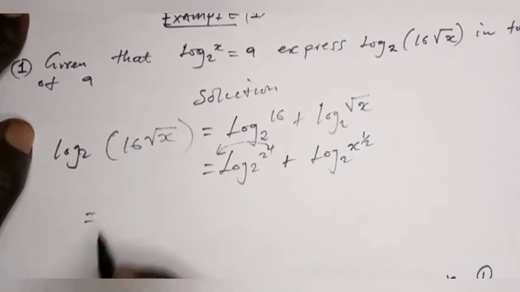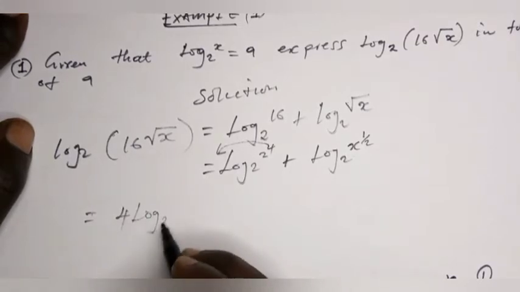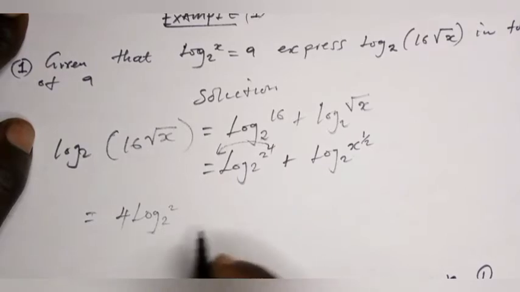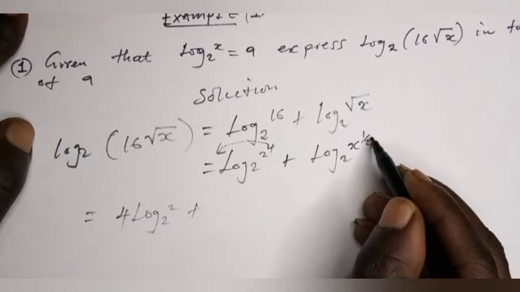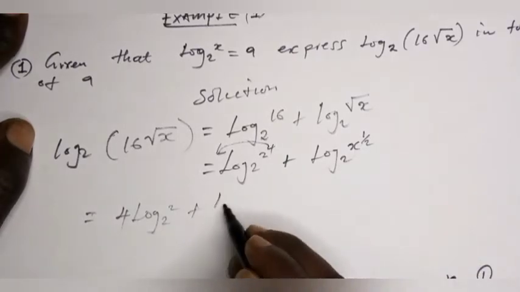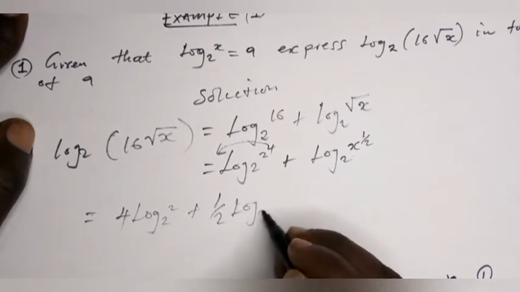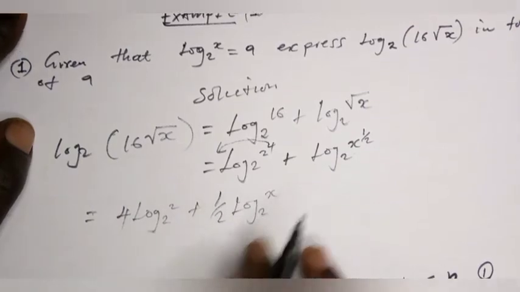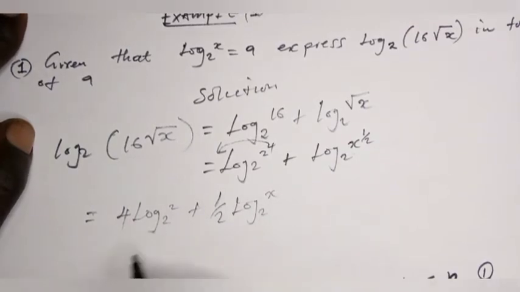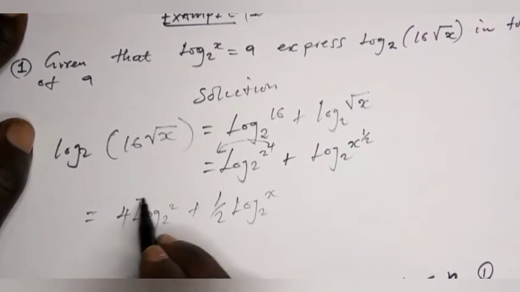So now let's drop this 4, using that other law of logarithms. Then it will be 4 log base 2 of 2 plus, we are also going to drop this half, it will be half log base 2 of x. Log base 2 of 2 is 1.